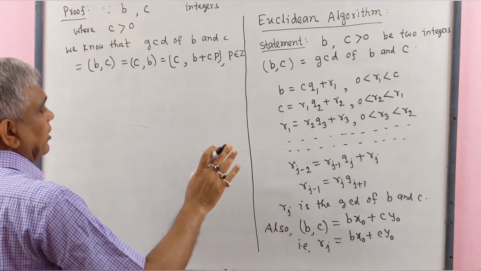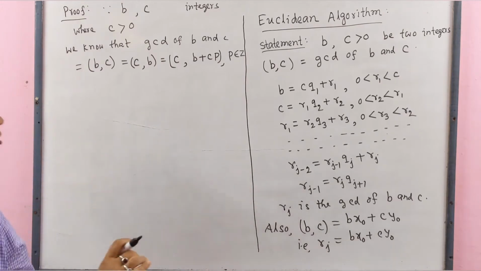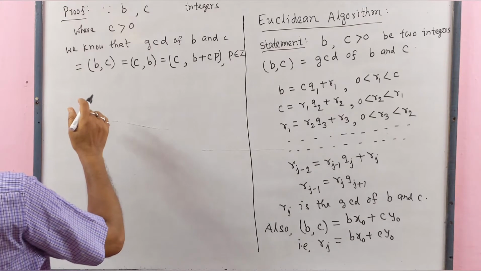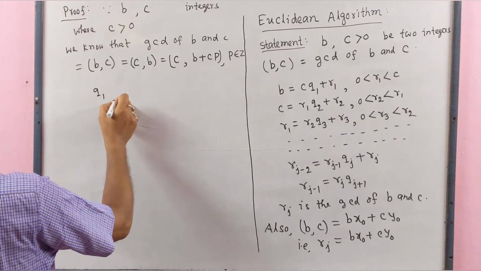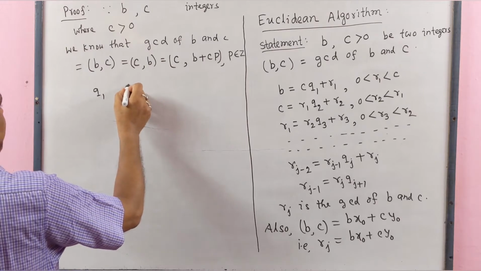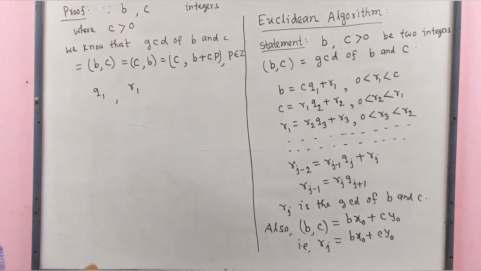By using the division algorithm, we get quotient Q1 and remainder R1.